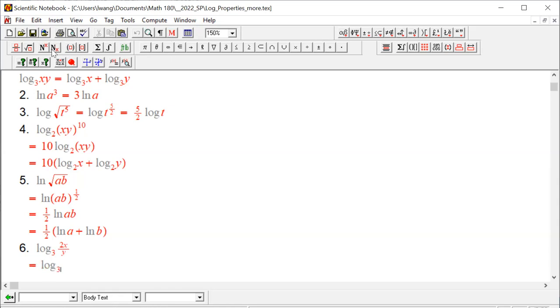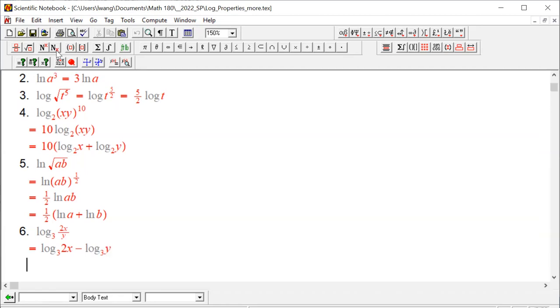So log base 3 of 2 times x minus log base 3 of y. And of course, you can expand it further. So you get log base 3 of 2 plus log base 3 of x minus log base 3 of y. So that's expanded.